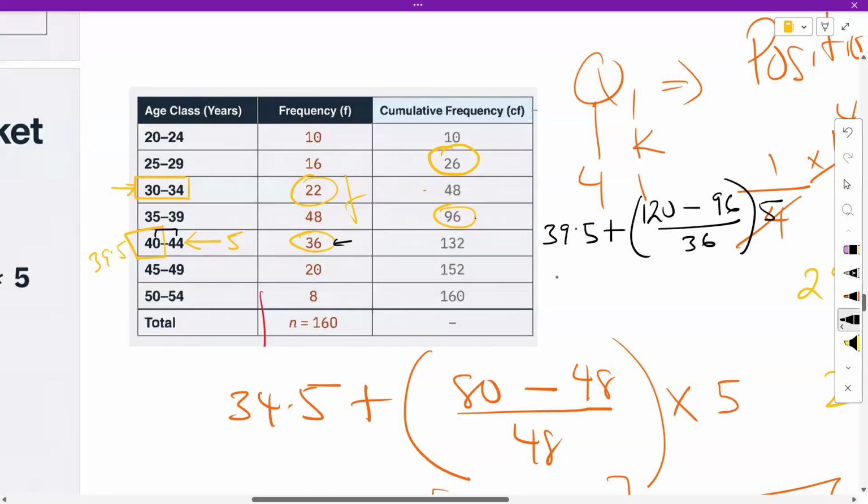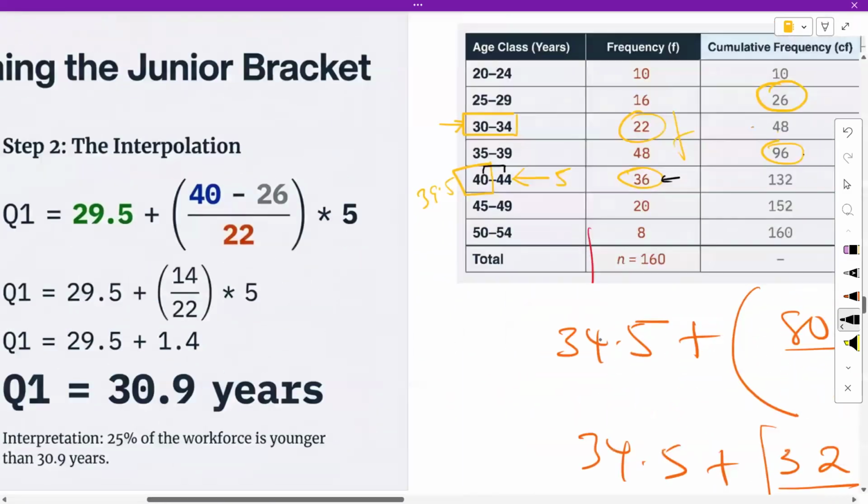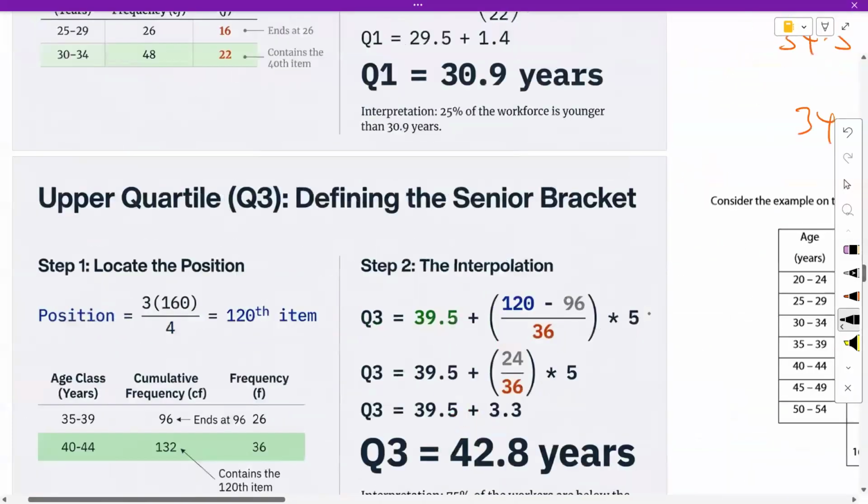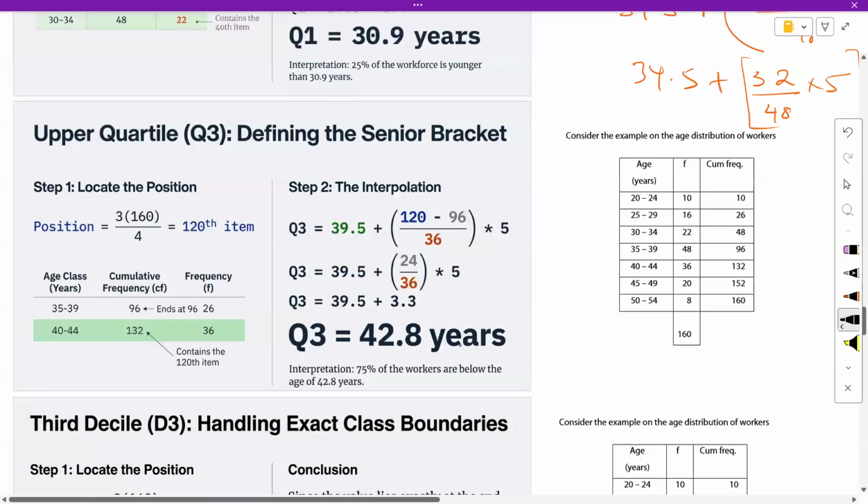Then calculate the value quickly. What's the answer? 42.8. Yes, same answer, right?